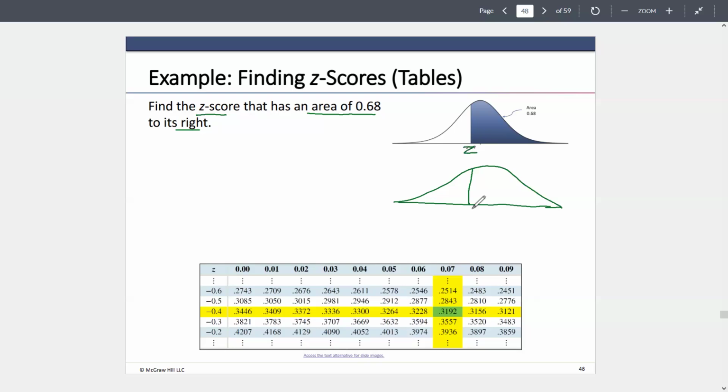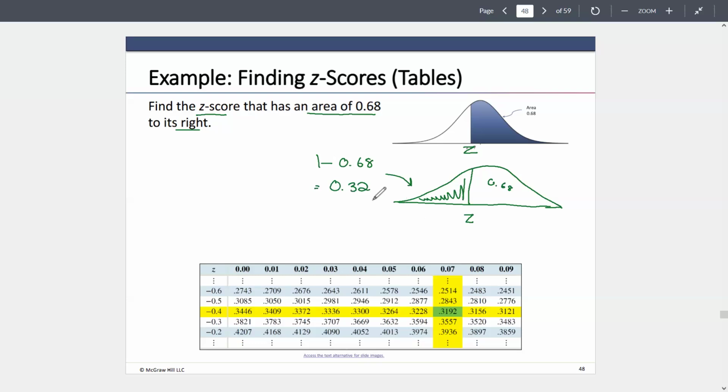We have some mystery z-score here, same mystery z-score here. If on this side we have 0.68, then the side that I'm going to need to use for my z-table is 1 minus 0.68. So that's going to be 0.32.